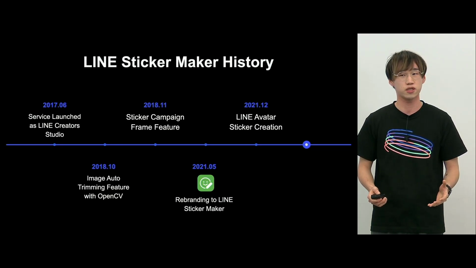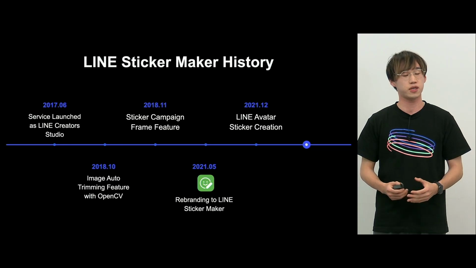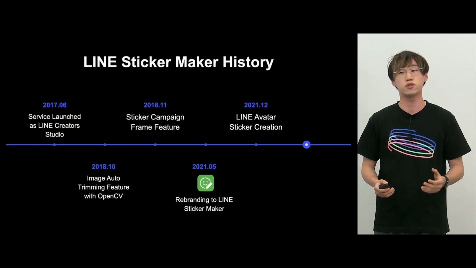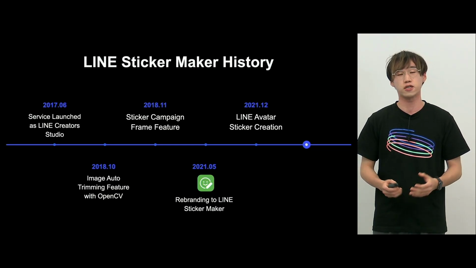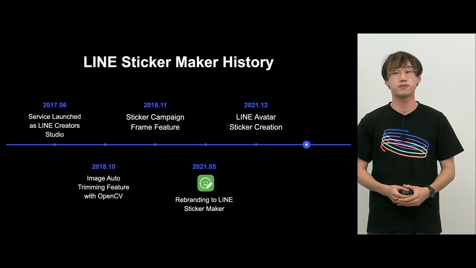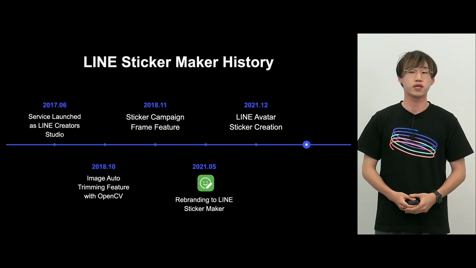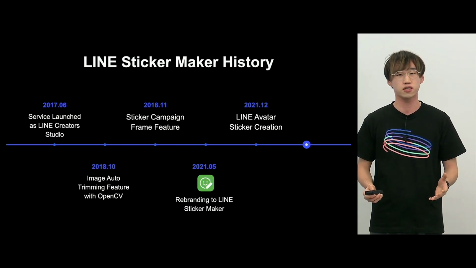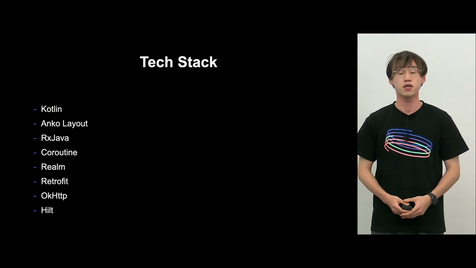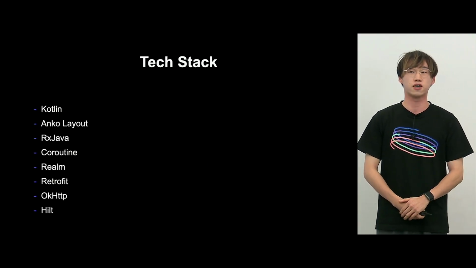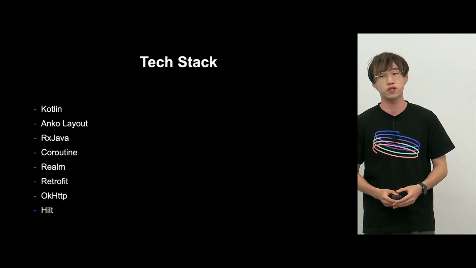Line Sticker Maker was launched in 2017 as Line Creator Studio, and then it has supported users' sticker creation by adding various editing functions over time. And in 2021, the product was renamed Line Sticker Maker in collaboration with Line Avatar, and is now looking at delivering even more diverse sticker creation experience to its users.